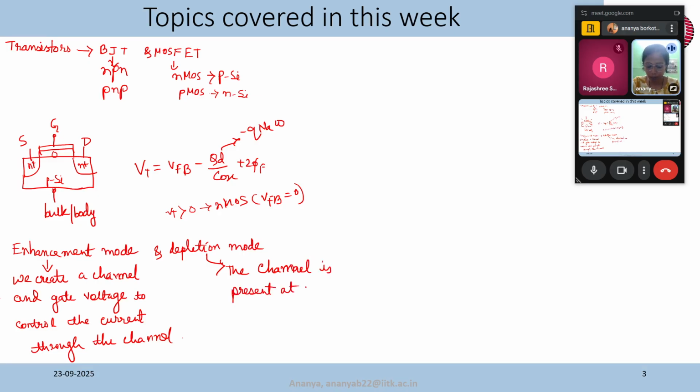The channel is present at 0 gate voltage, and we apply gate voltage to basically turn off the channel.